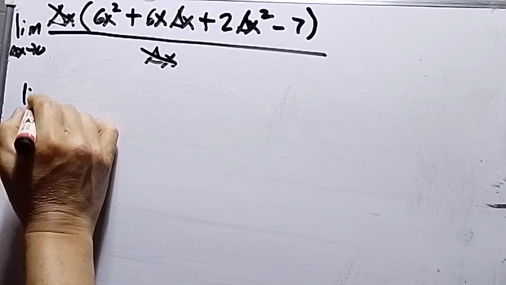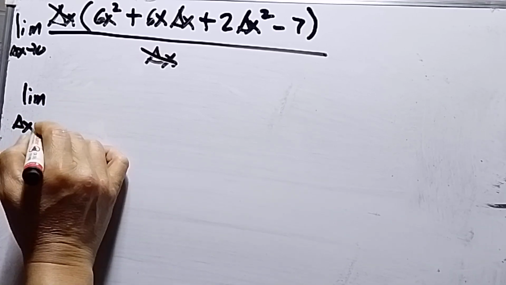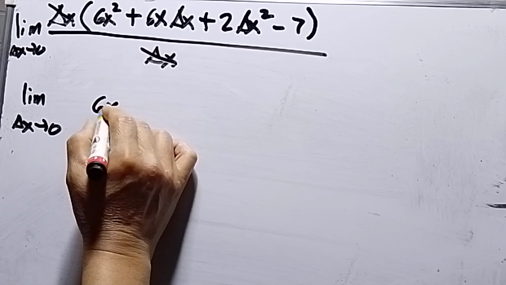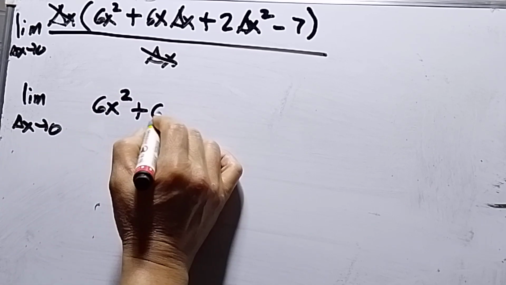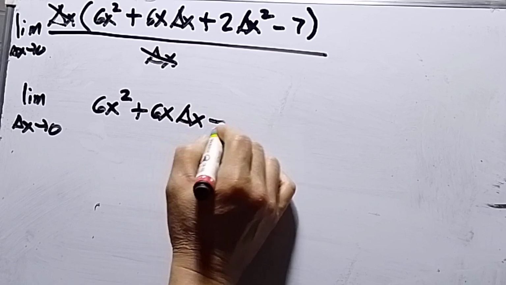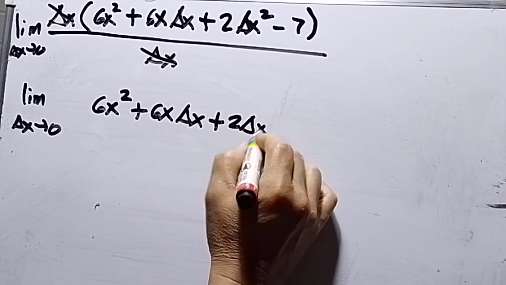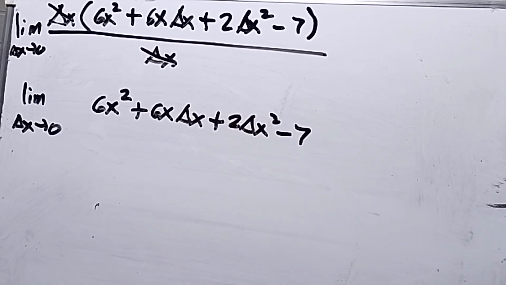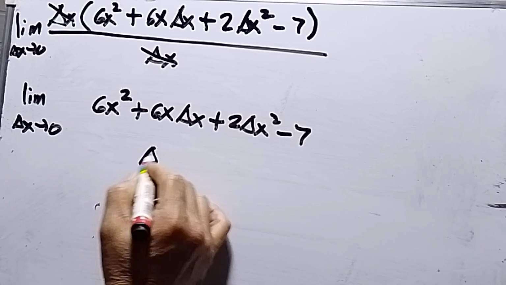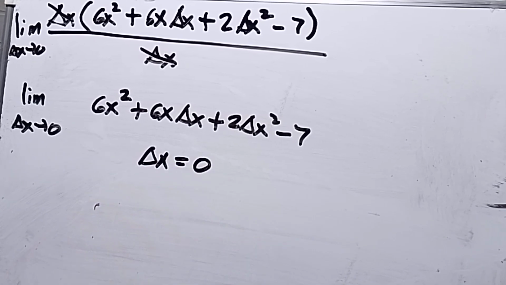So the limit as delta x approaches 0 of 6x squared plus 6x delta x plus 2 delta x squared minus 7. So we will replace delta x with 0.